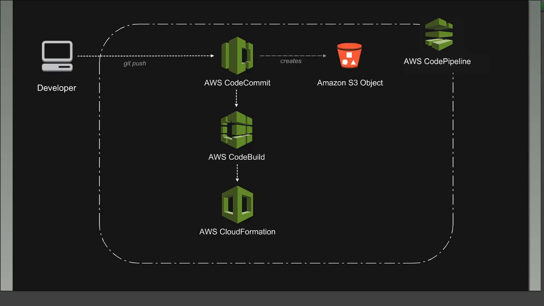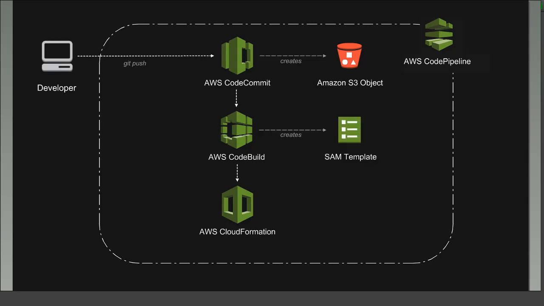The first stage is that it's going to create in S3 an object for the current version of our code. From that, it's going to feed into CodeBuild. CodeBuild is going to take that S3 object, and it's going to run a couple of scripts that we've configured. We'll look at them in just a second, but it's a packaging command that's going to generate a SAM template.